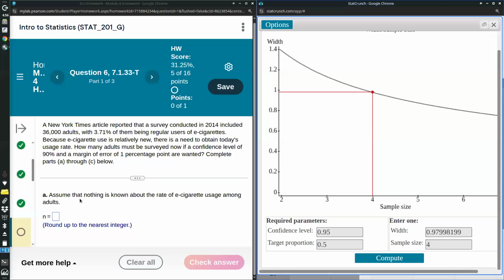Okay, so it says assume nothing is known about the rate of e-cigarette usage. How many adults must be surveyed? So basically we're trying to figure out the survey size. We want a confidence level of 90%.